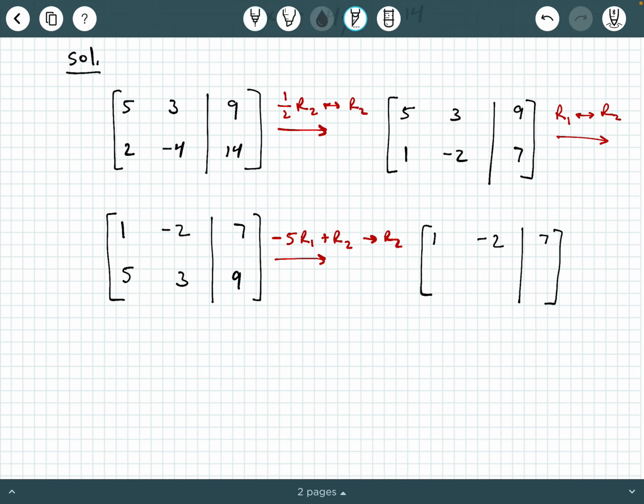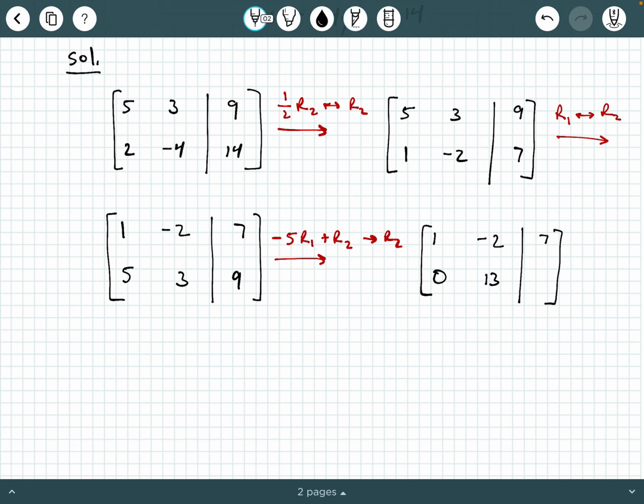So I say negative 5 times 1 is negative 5, plus 5 creates a 0 here, okay? And then negative 5 times negative 2 is positive 10. Positive 10 plus 3 is positive 13, okay?